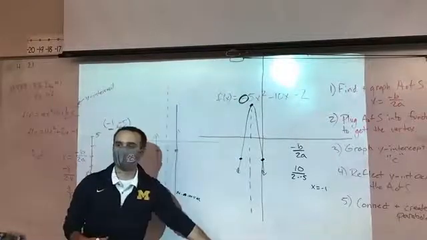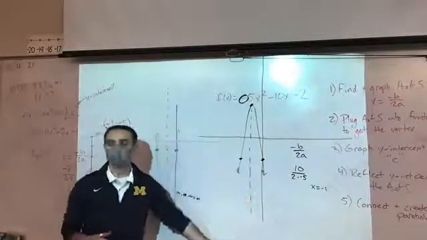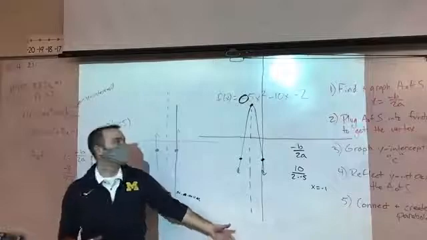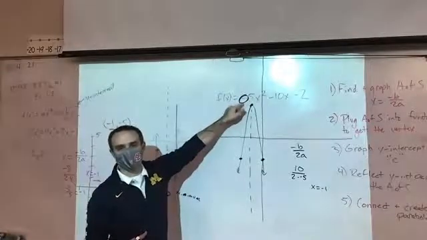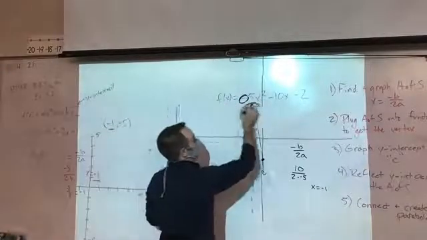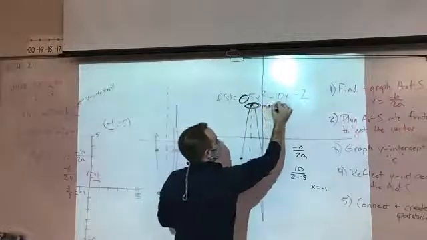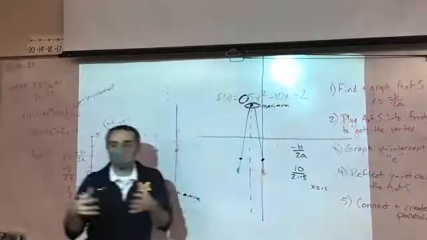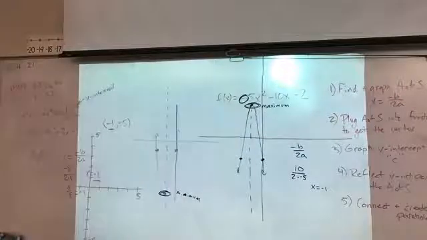Is there a smallest it can be? No, because it goes on forever, right? We got the arrow. But what do you think that point is going to be called? Maximum. A maximum. So your graph is either going to have a minimum or a maximum, one or the other, and it all depends on which way it's going to open. Okay, whether it's opening up or opening down.